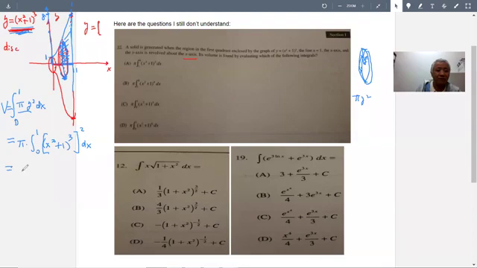And you can continue to simplify. You got a pi, integration from 0 to 1, and you're gonna have what? X squared plus 1, to the third power and second power. Power of a power, you multiply it. You got 6, and then dx. So this will be the answer.